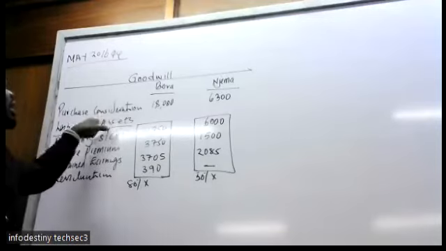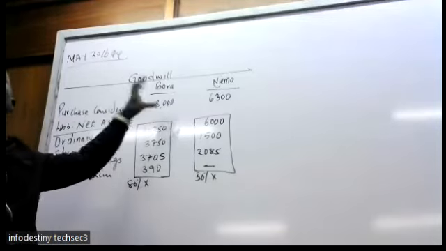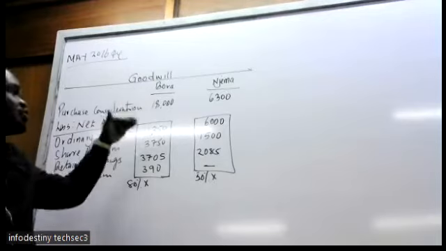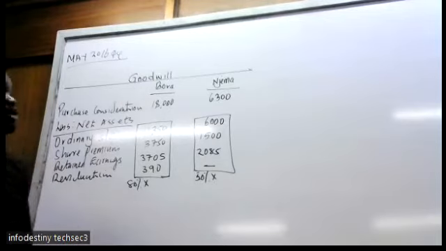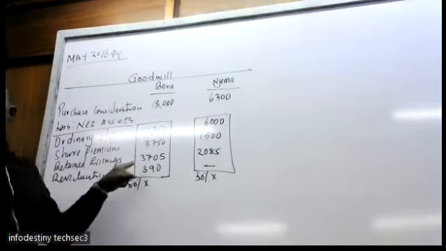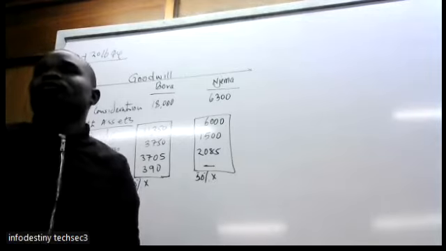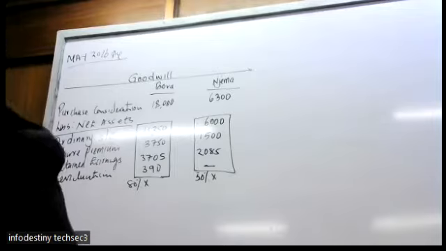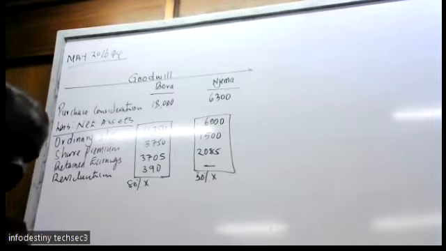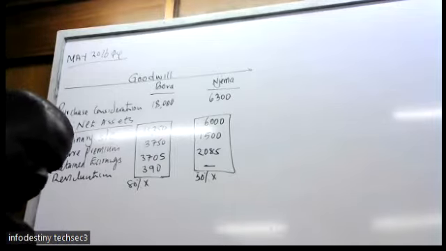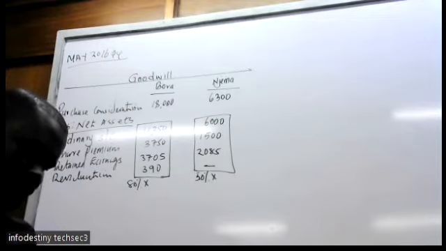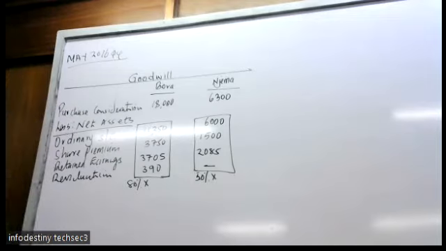But if you add NCI here, then it means it is full. Full means you get 100%, so you don't apportion. So what is this plus this plus this plus this? Somebody? So just add.